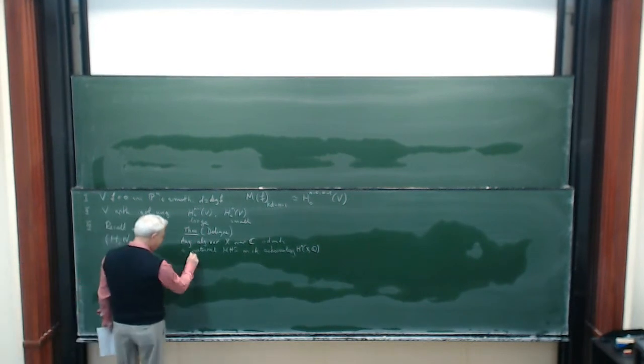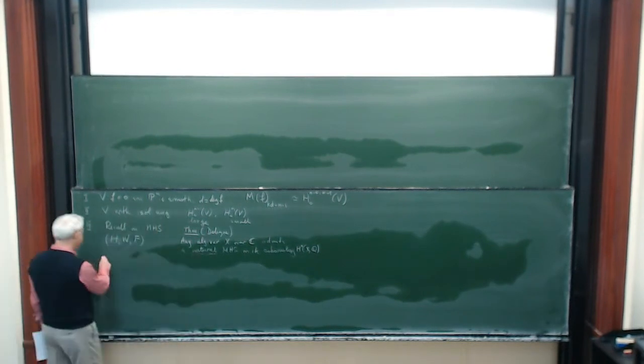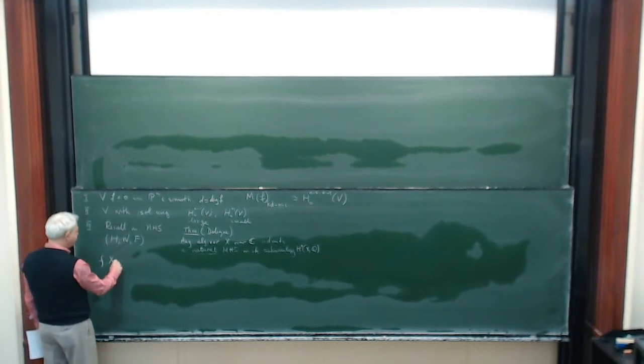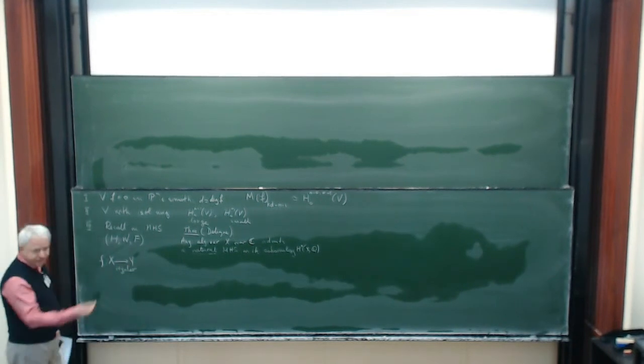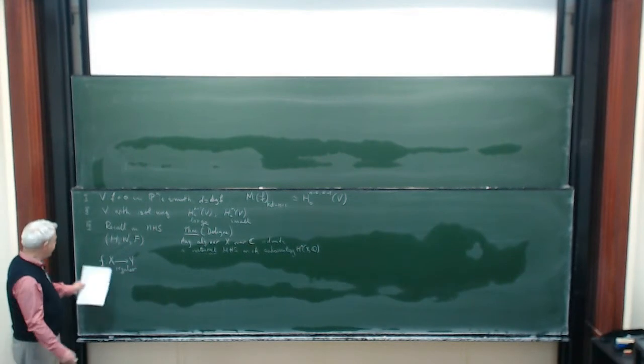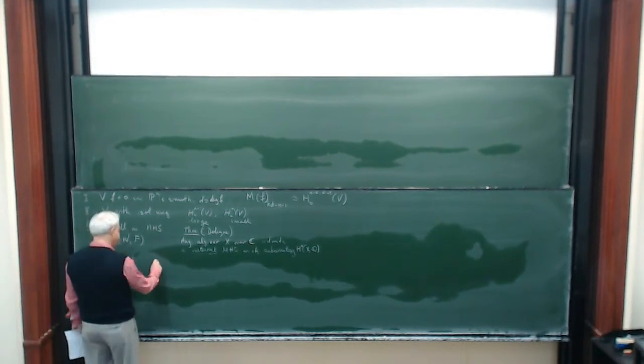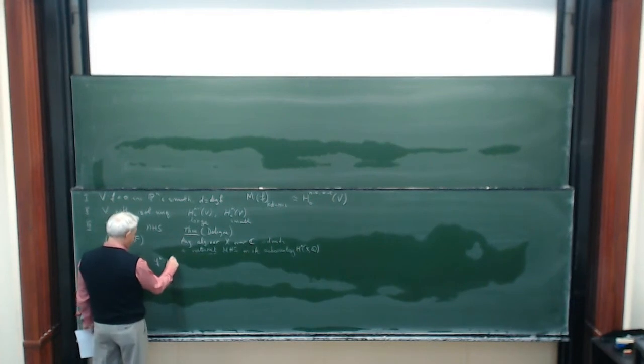Because natural means that if we have two algebraic varieties and a regular mapping, which is a usual morphism considered in algebraic geometry, then this induces, as you know very well, a morphism at cohomology level.